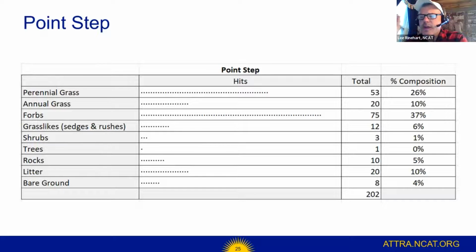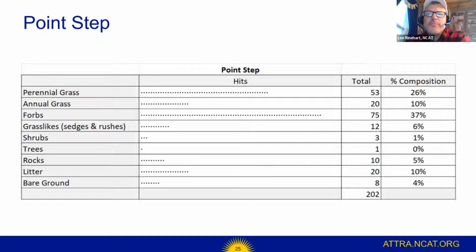Because one thing that I have noticed, and certainly Justin alluded to this as well when he was talking about the pasture that he visited last week, right? You look across the field and it looks one way, but then when you get into it, it looks different. It can look different the closer you look.